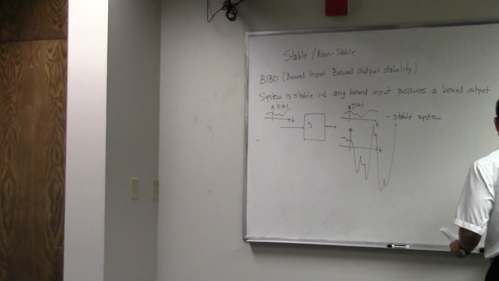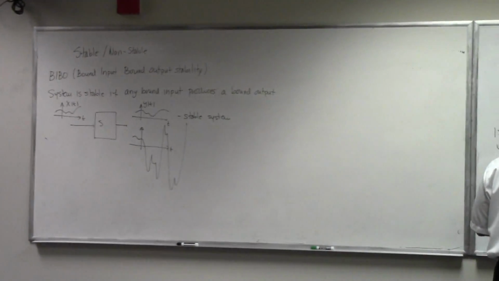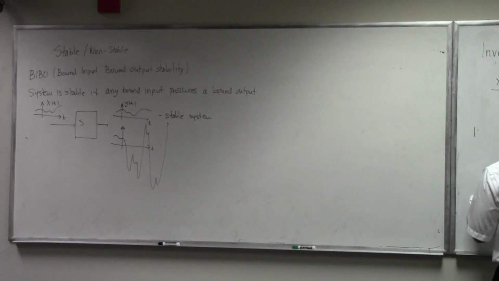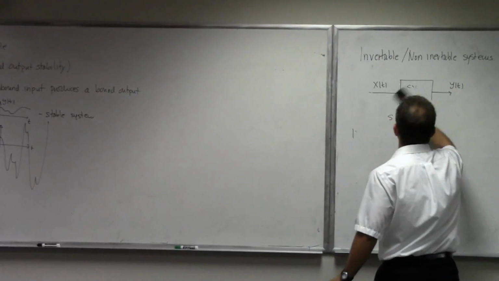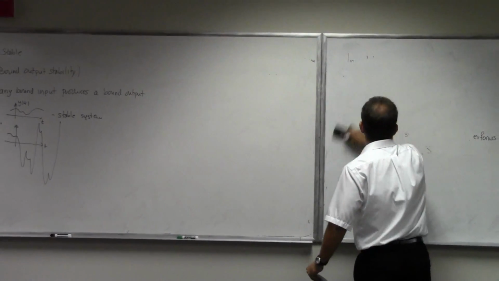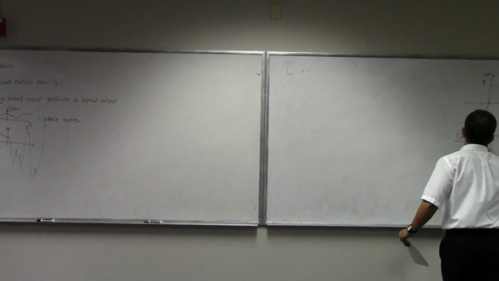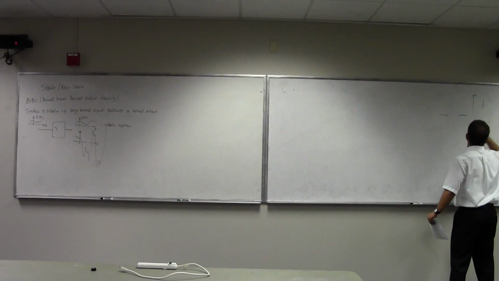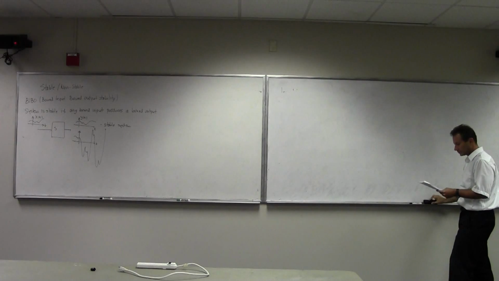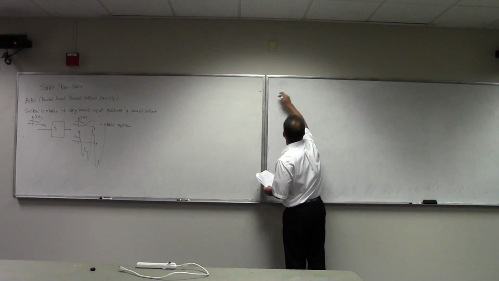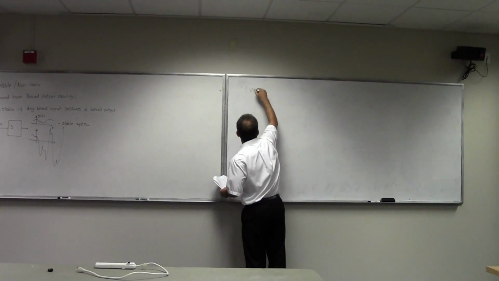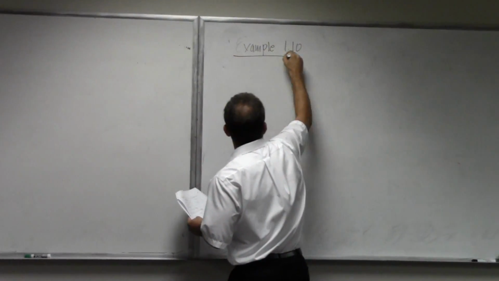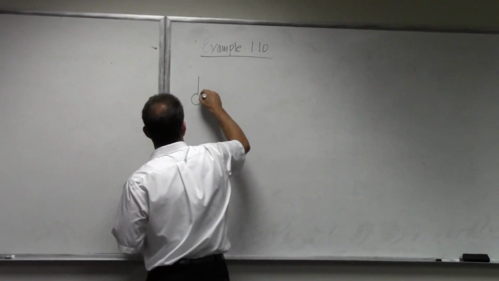All right, but let me just go to an example of a linear system. Let's see what kind of system this is, as a preview of where we're headed. And this is your example 1.10 in the textbook. It gives you this system.